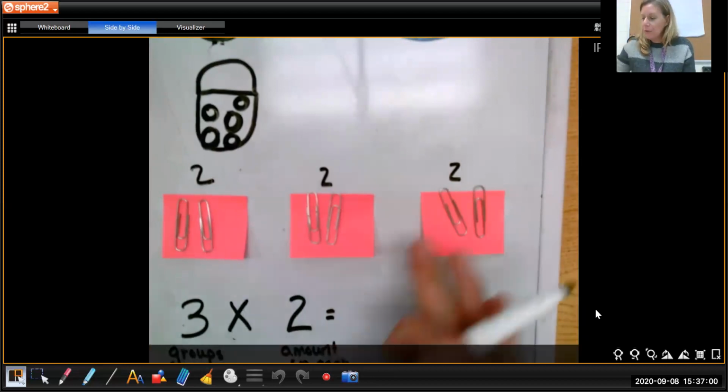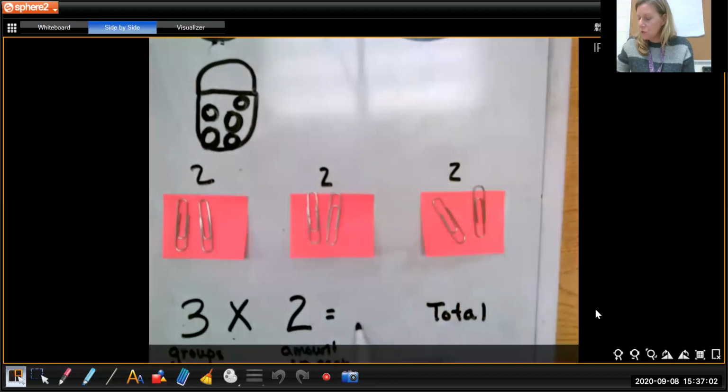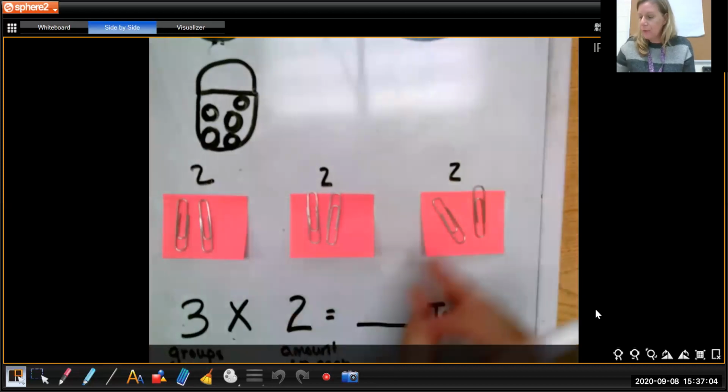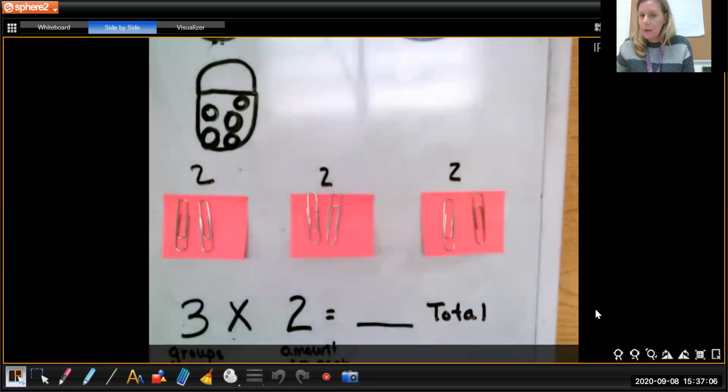So how can I figure out how many total paper clips that I have? There's actually 2 ways we can do it. The first way is I can just count the paper clips. So go ahead and do that. Now I'm going to do it out loud.